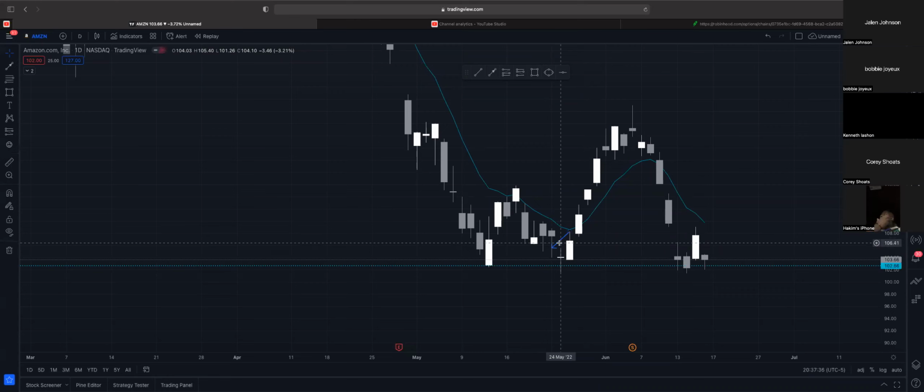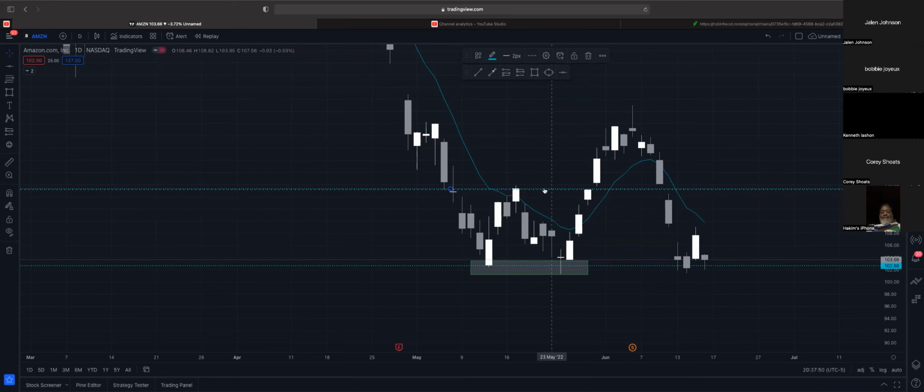Versus me, I took the trade here. I'm like, all right, I'll let it come to that level. We can bounce off this level. We can go to this neckline. So for me, the risk reward from here to here is way better. I'm gonna risk my capital on this trade. I don't want that small little profit. I want the highest percentage I can get.